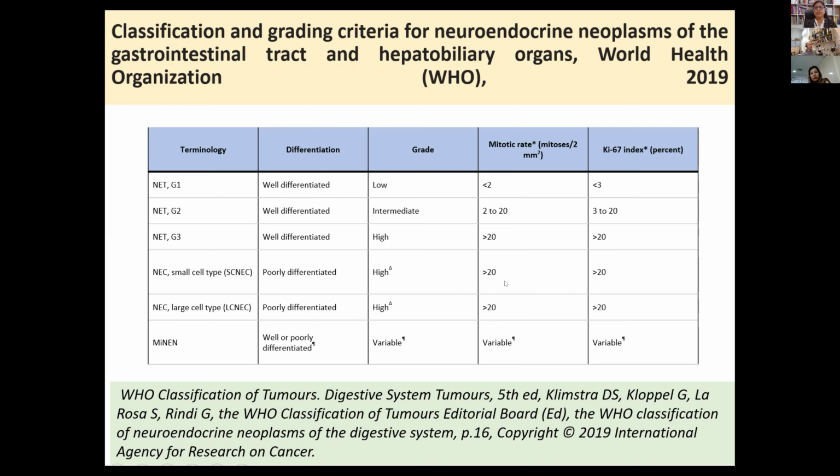And if the mitotic count is more than 20 and Ki index is more than 20, then it is graded as a high grade tumor. And if the count is 3 to 20, then it is graded as neuroendocrine tumor grade 2. And if the Ki index is more than 3 and the mitotic count more than 20, then it is graded as neuroendocrine tumor.